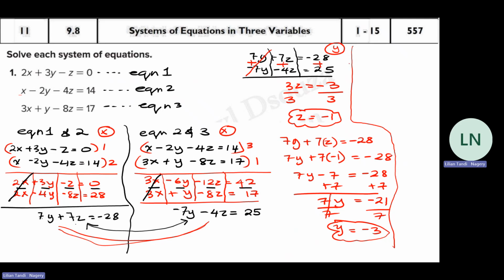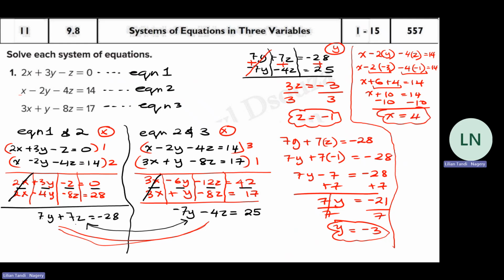I chose to use the second one. x minus 2 bracket y, because I know y, minus 4 bracket z equals 14. x minus 2 times negative 3 minus 4 times negative 1 equals 14. x plus 6 plus 4 equals 14. x plus 10 equals 14, minus 10, minus 10. x is 4.